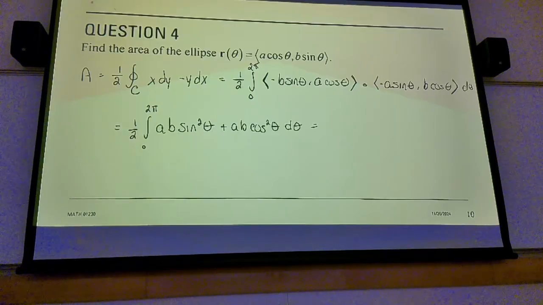Which equals what? ab, 1/2 times the integral from 0 to 2 pi of ab with respect to theta. You're right, 1/2. I was jumping the gun. Theta, and then pi ab. Here's your area of an ellipse. Pi times a times b.